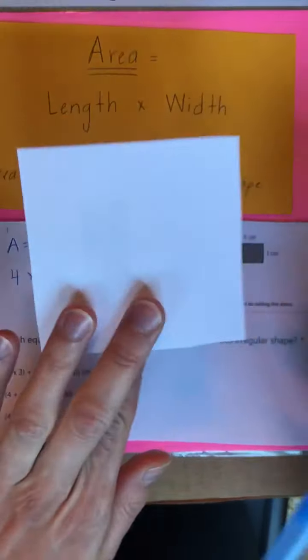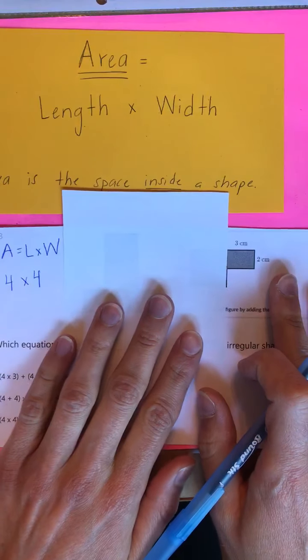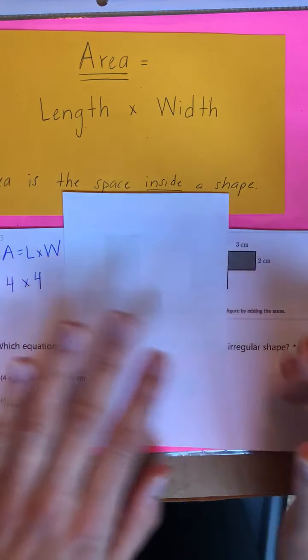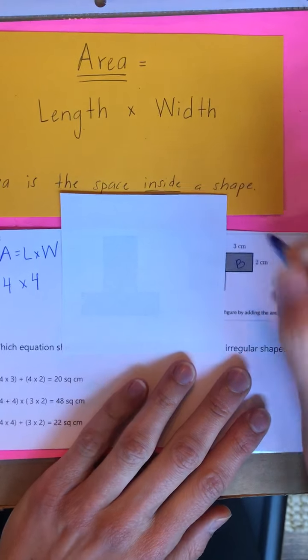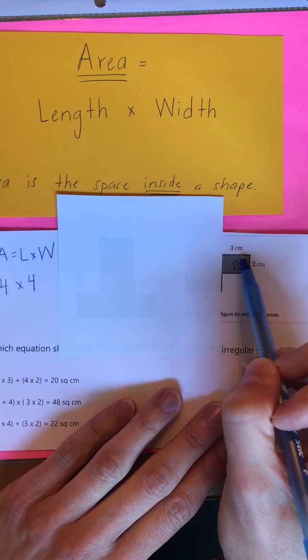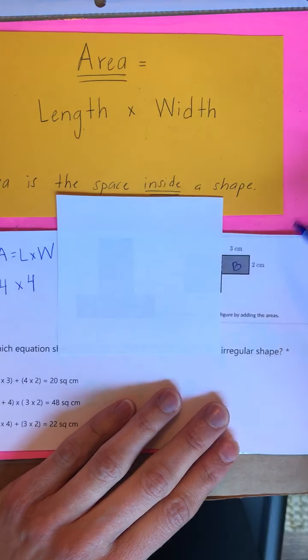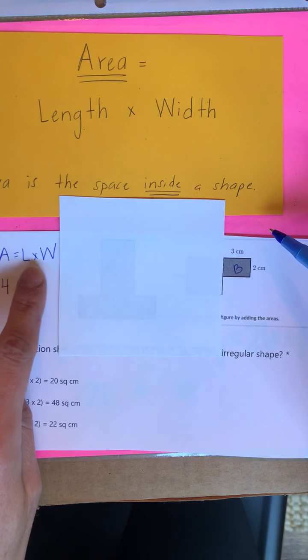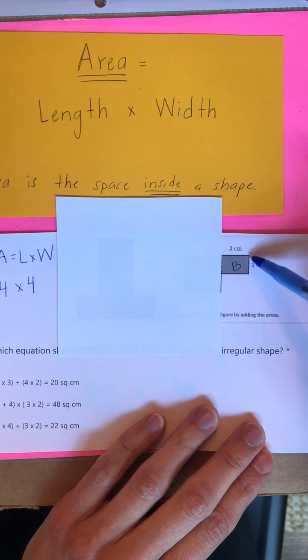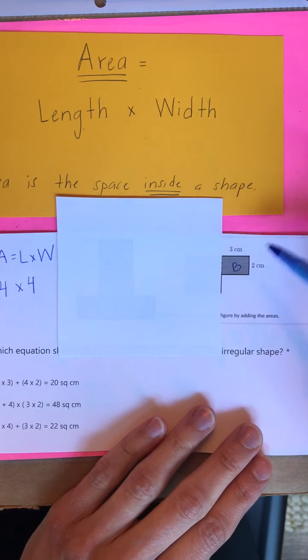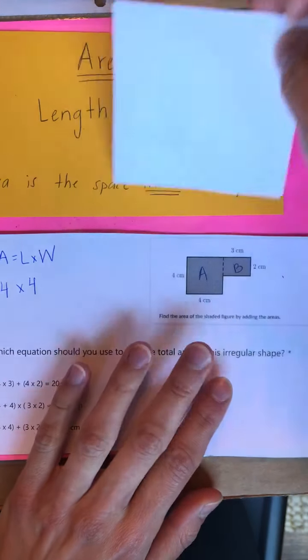Now I'm going to switch my paper and look at the other part of my irregular shape. I'll call this part B. Can you write the equation to find the area of B? Use area equals length times width. Pause the video, and when you have that equation written down, press play. Okay, friends, great job.